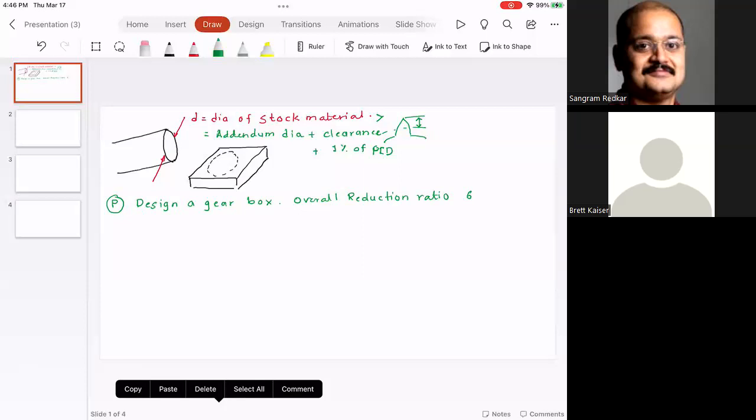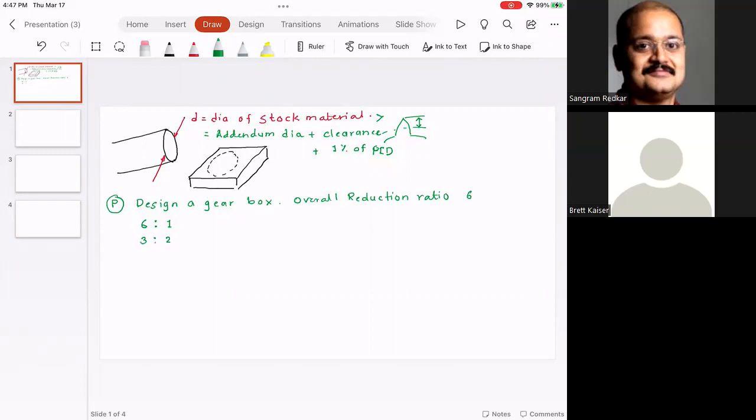Actually, as a matter of fact, we have two choices. We can have 6:1, which means we can have a pinion that is 1 centimeter diameter and a gear that is 6 centimeter diameter. Or we can have something like 3:2. So these are basically two stages that you can actually design.